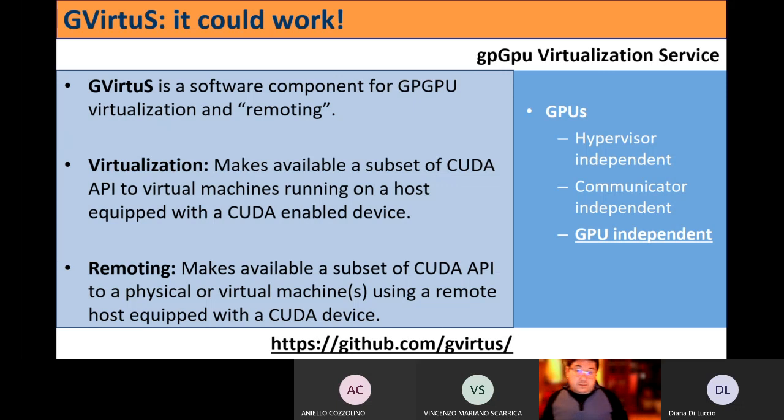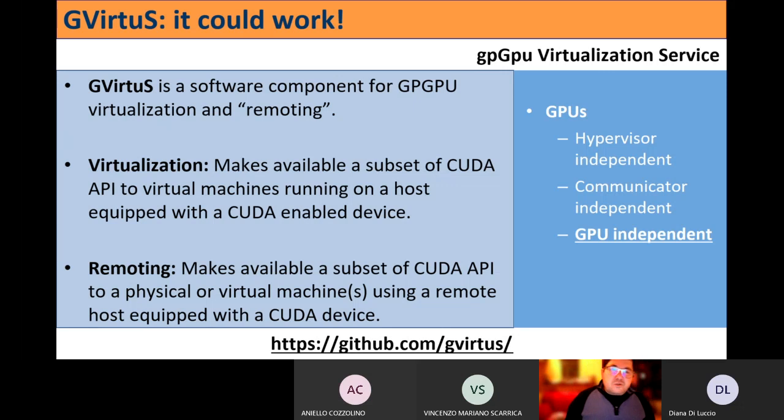GVirtuS works. That's almost the first thing to say, because virtualizing a GPU is not trivial. It's not an easy task. GVirtuS is a software component for GPGPU virtualization. That means it is not for visualization, but for virtualization and remoting.